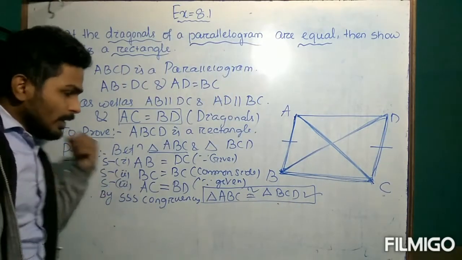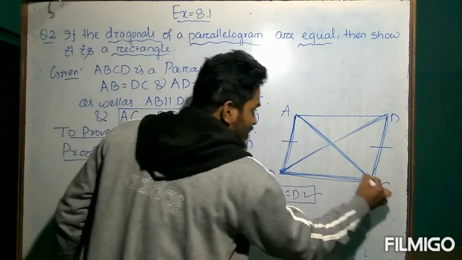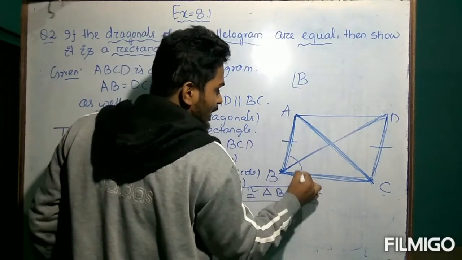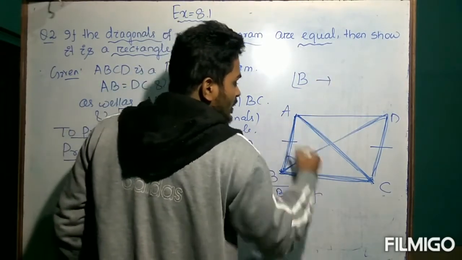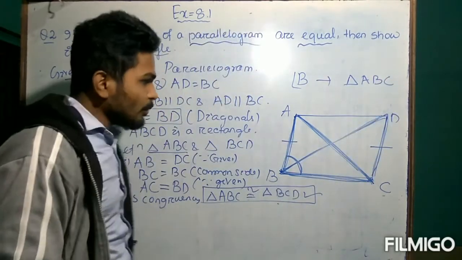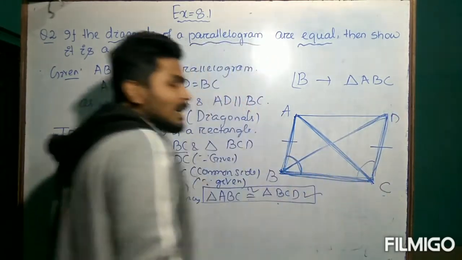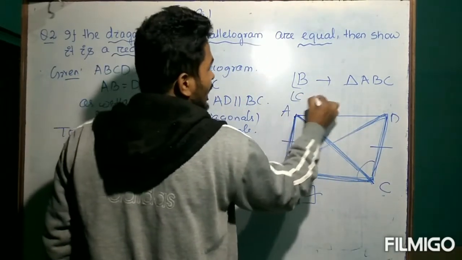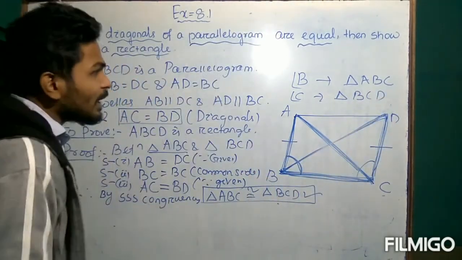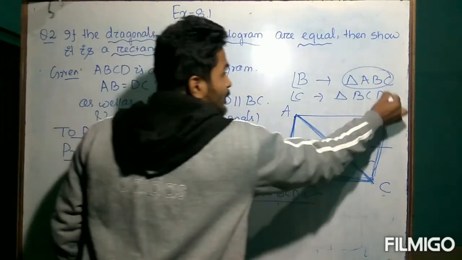Now, next step. If we consider ABC as a triangle, then angle B is an angle of the triangle ABC. Yes or no? Yes. Similarly, if we consider the triangle BCD, C is also an angle of the triangle BCD. But we have just proved the triangle ABC is congruent to the triangle BCD.